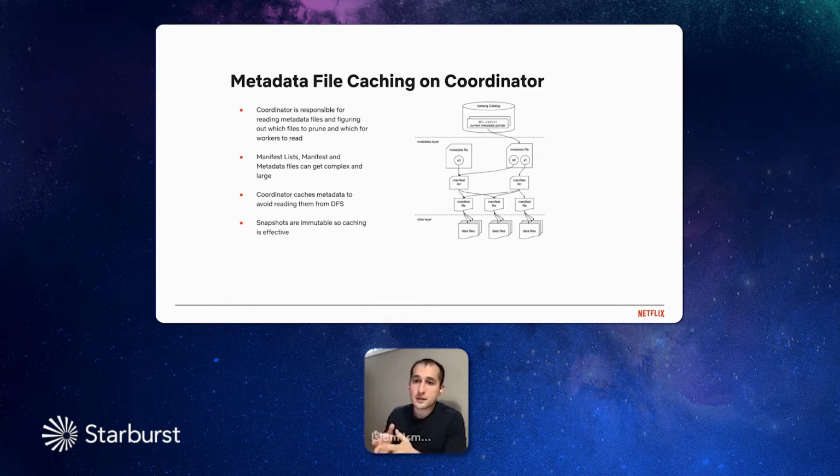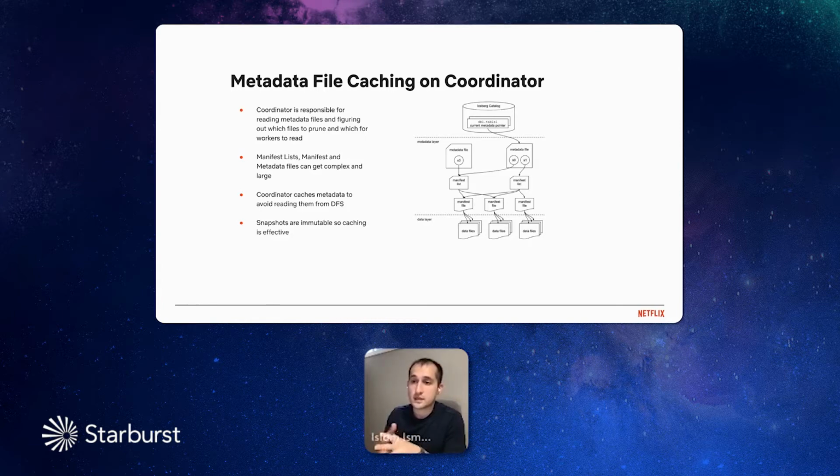For Iceberg, it was even more important to cache these files from S3, because for larger tables, or tables that see a lot of writes or modifications, these manifest files and manifest list files can be quite non-trivial.